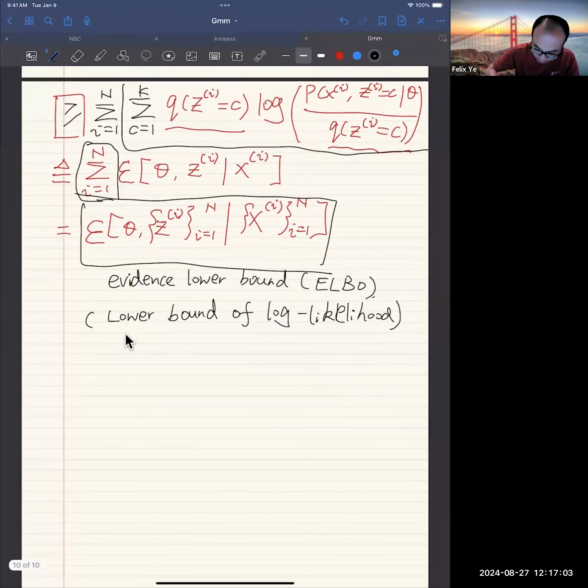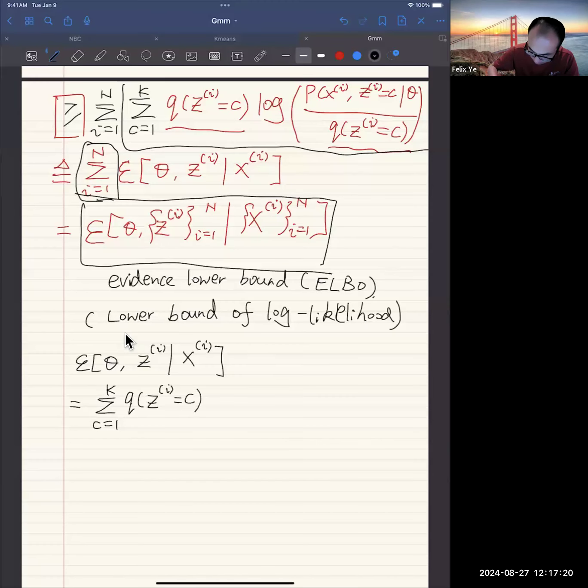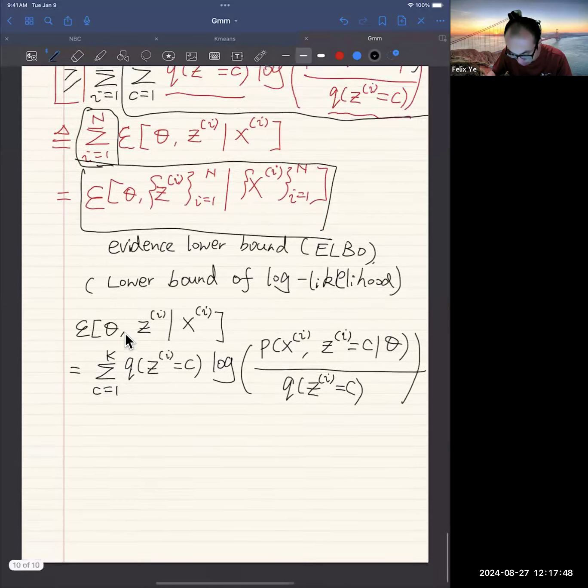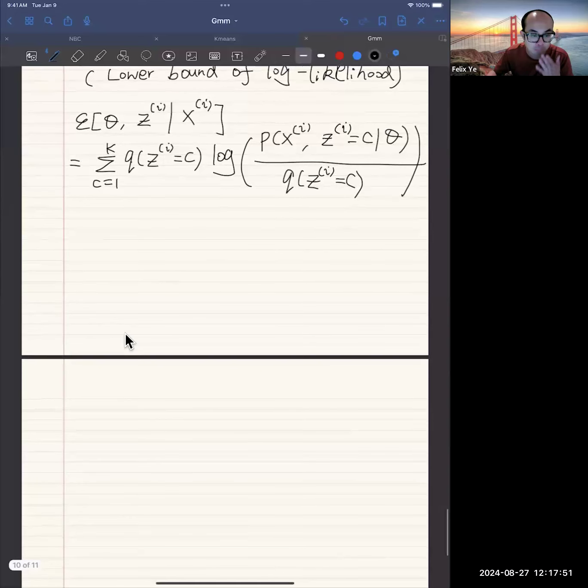So each sum right here is the summation over c from 1 to k of q(z_i equal to c) times log of p of x_i, that's the joint distribution, over the arbitrary distribution q. Let's look at these carefully.